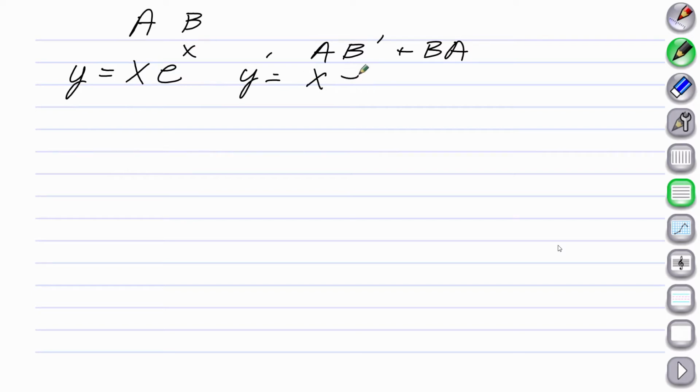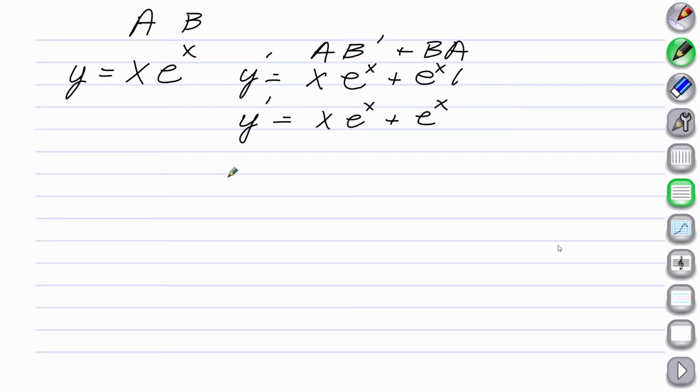That's still e to the x. Plus B, well, that's still e to the x, times the derivative of A, which is 1. So basically your answer is x e to the x plus e to the x.